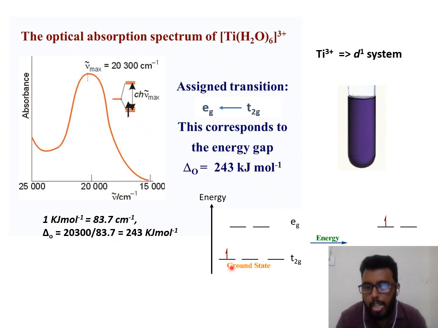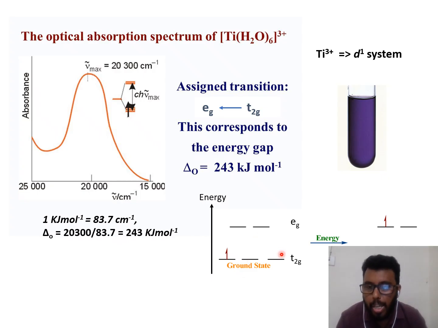The energy diagram is also given here. It is a d1 system, Ti3 plus. So one electron will be present in T2g. Once it absorbs the light, this electron in the T2g will jump to the Eg; the transition will happen.